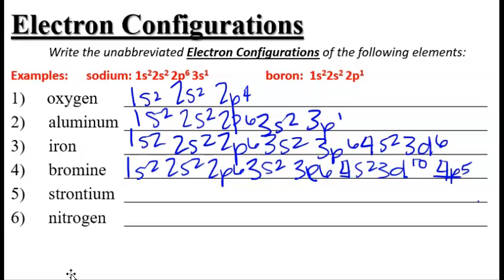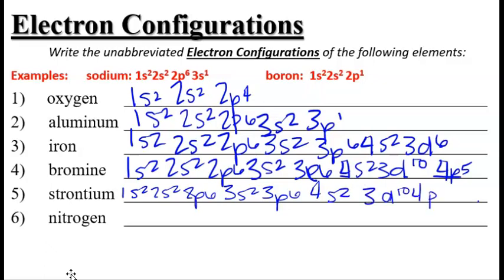Strontium, which is in the fifth period, is going to start off at 1s2, 2s2, 2p6, 3s2, 3p6, 4s2, 3d10, 4p6, and 5s2. Nitrogen is going to be 1s2, 2s2, and 2p3.